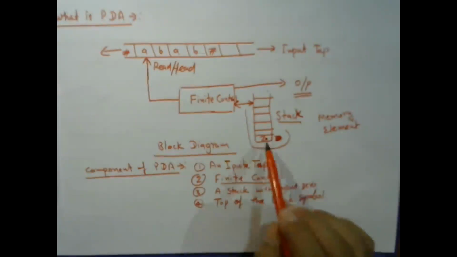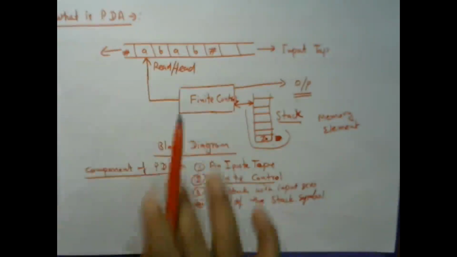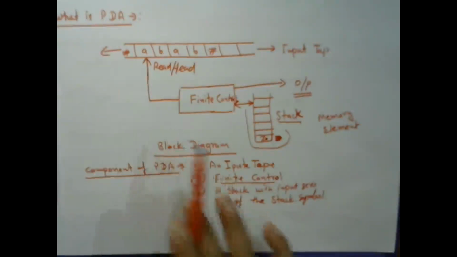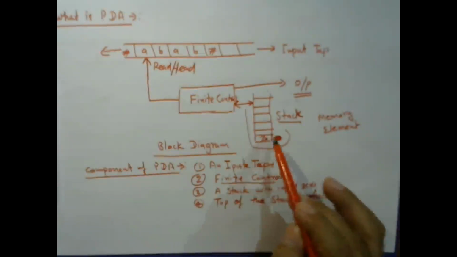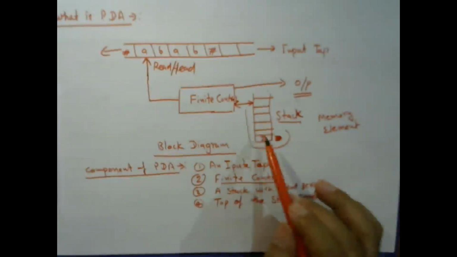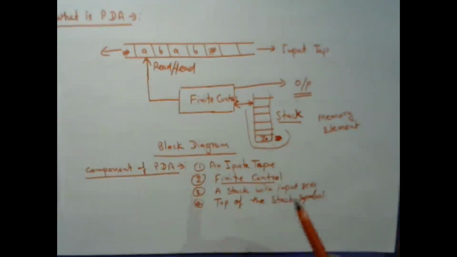That is called the top symbol of the stack. The block diagram is the same as the finite automata, but the difference is that we have used the additional element, the stack, as a memory element to store the input data of the language.